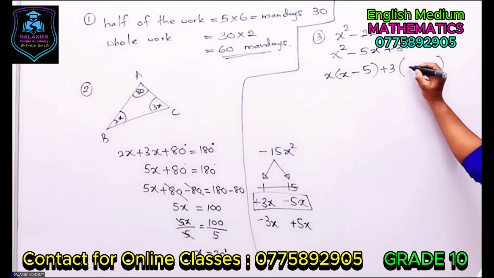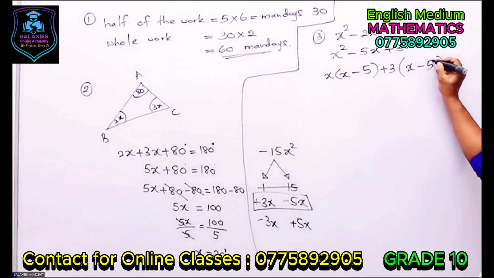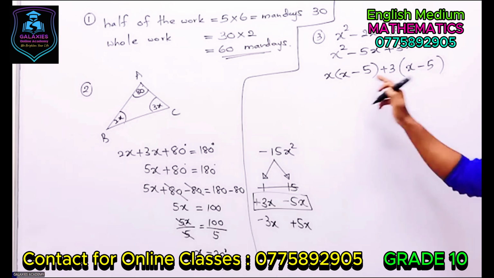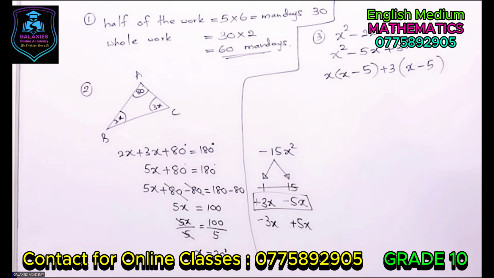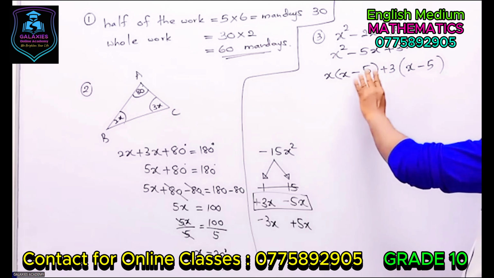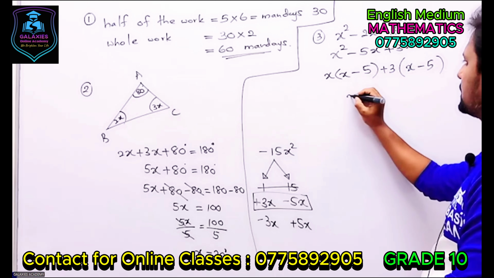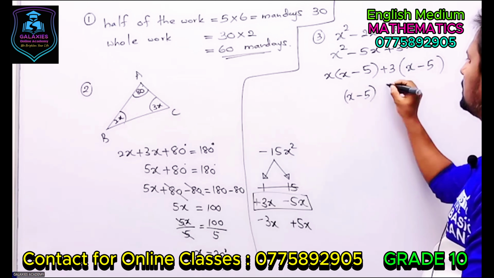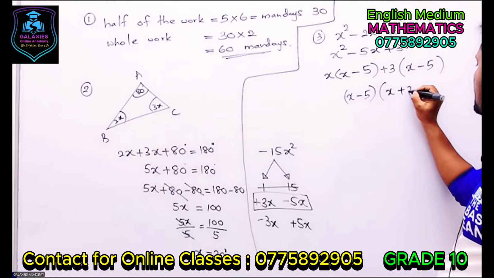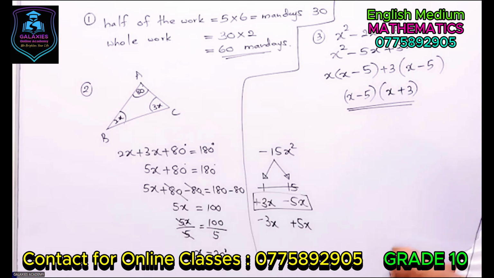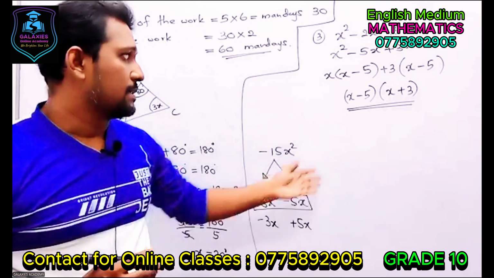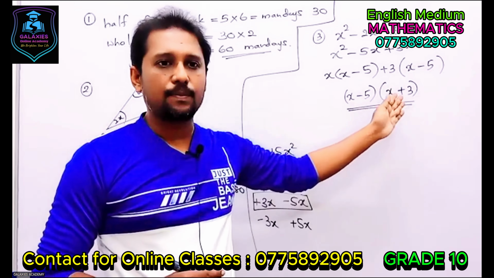Then inside the bracket, you can write x minus 5. These two brackets, inside the bracket terms should be equal. Then again, I can take outside the bracket x minus 5 because these two x minus 5 common. Then from this term remaining x, from this term remaining plus 3. So what is the answer? What are the factors? X minus 5 and x plus 3.